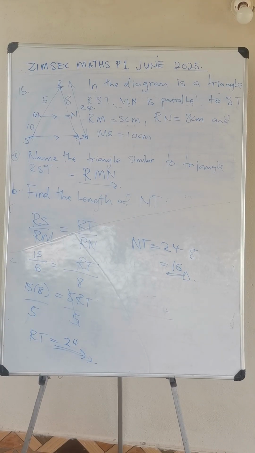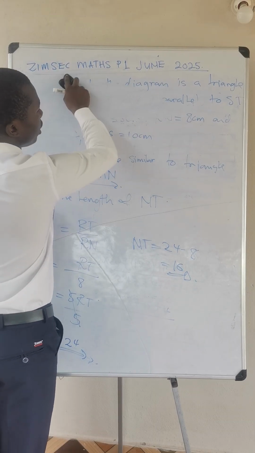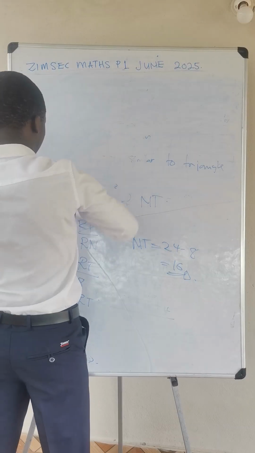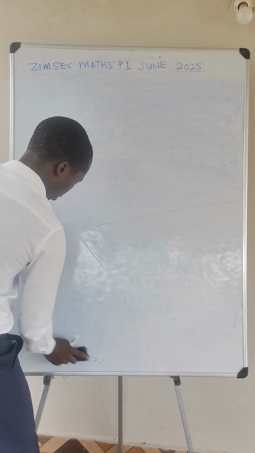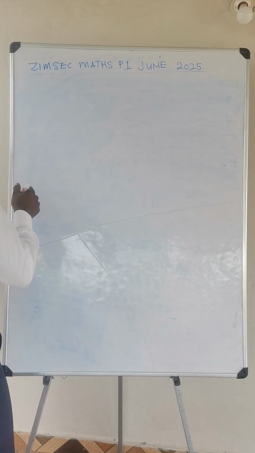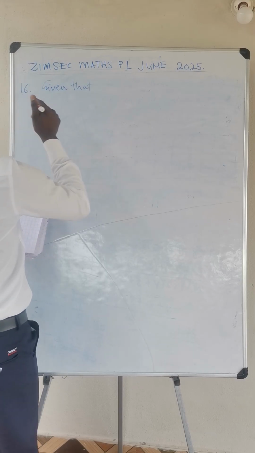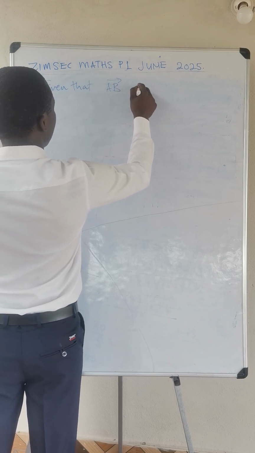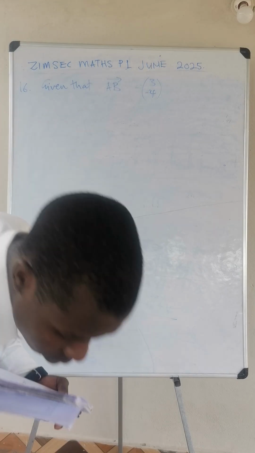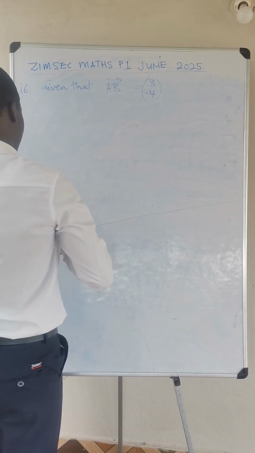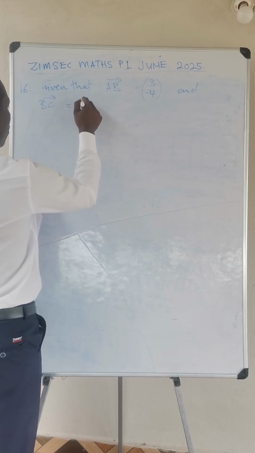Okay, so let's move to number 16. Number 16, given that AB is equal to (3, -4) and BC is equal to (6, 4).